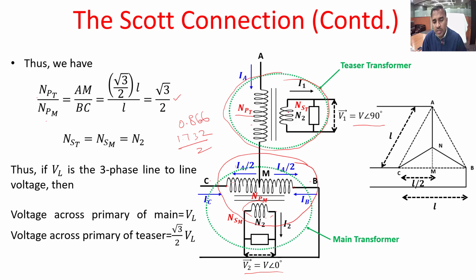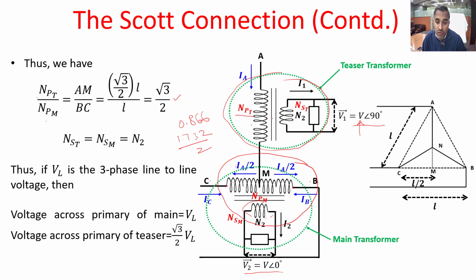Then automatically the voltage per turn will remain the same, and at the secondary side you will get exactly the same magnitude of voltage. Otherwise, if you connect the full winding here also, then the voltage per turn will be different. So accordingly you have to increase the number of turns on the secondary side.